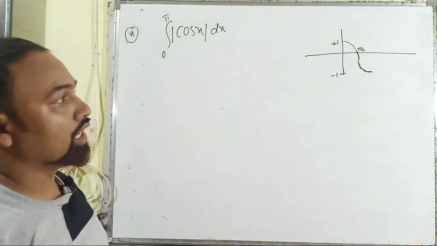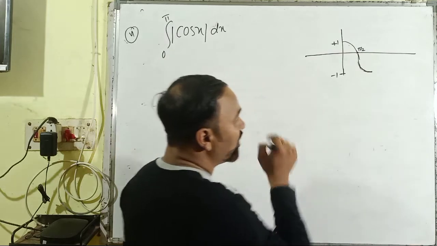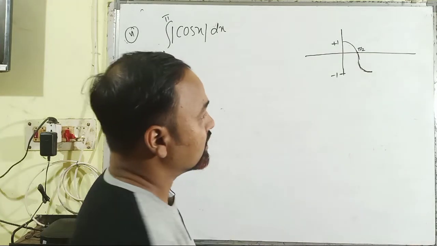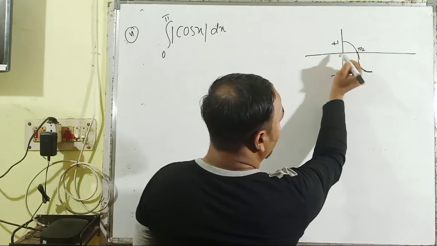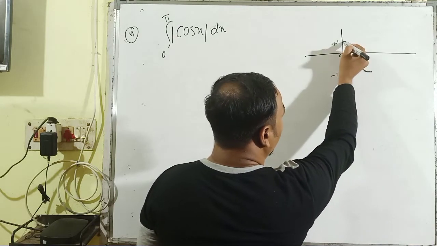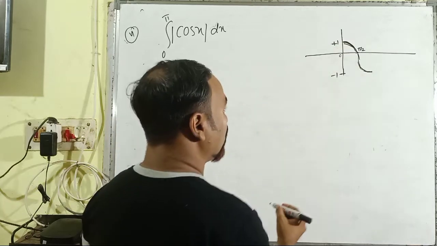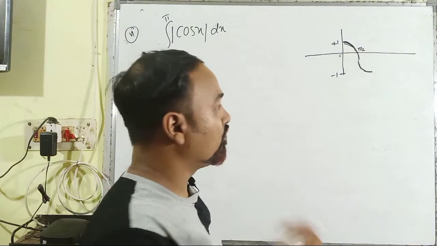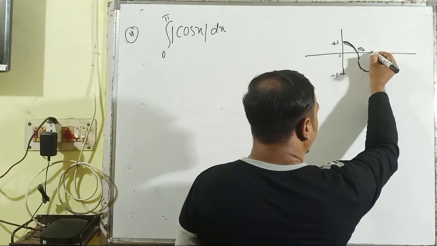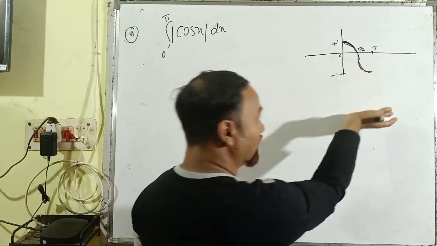That means at the point pi by 2, the behavior of the cosine function is getting changed. So from 0 to pi by 2, the cosine function is positive. But from pi by 2 to pi, you can see that it lies below the x-axis.